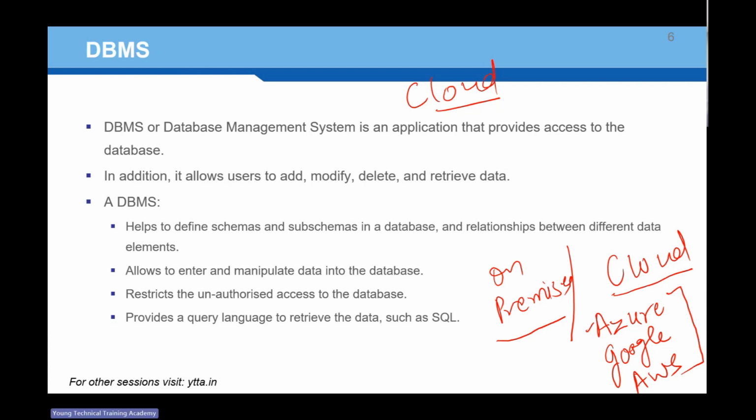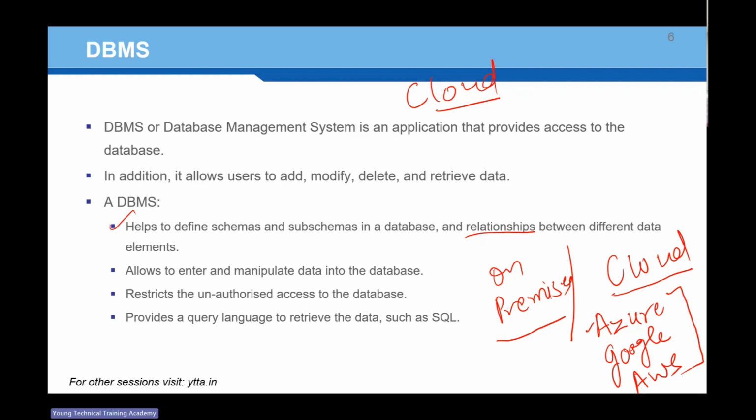So basically, a DBMS helps to define schema, and sometimes sub-schema, in a database. There would be some relationships between different data elements. For example, suppose I wanted to create not only a student table but also a teacher table, and I wanted a relationship between the teacher and student tables, that one teacher is handling multiple students.